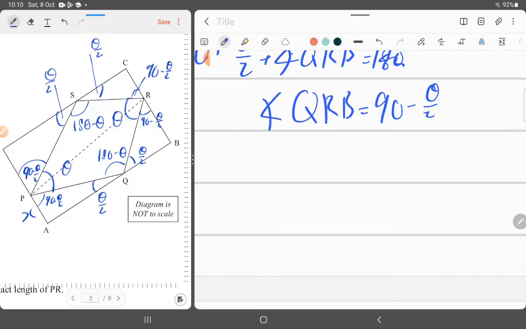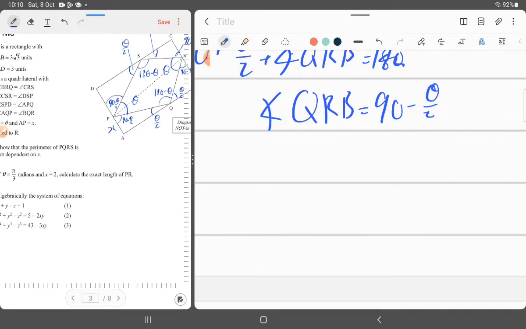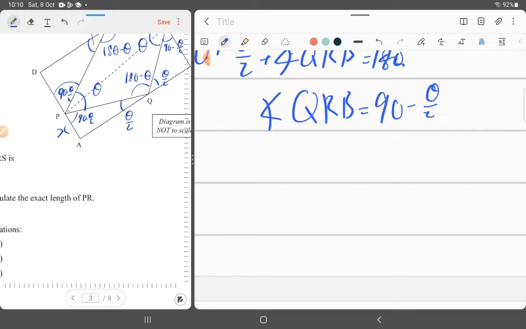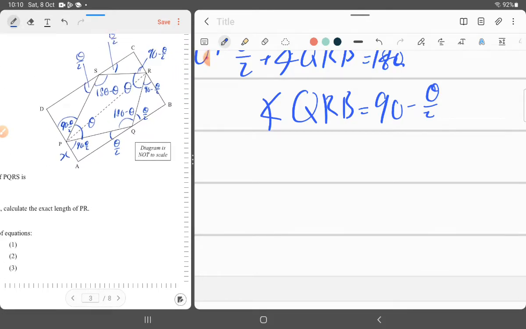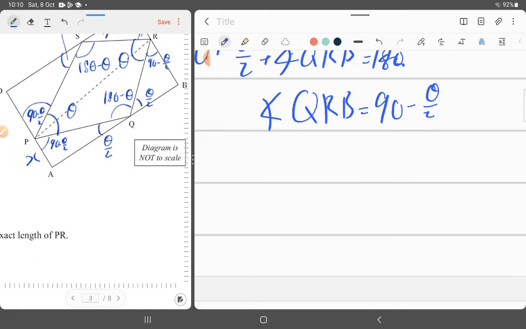So, right, the question is, show that the perimeter of PQR is... so, this is theta over 2. Sine theta over 2 is equal to opposite over hypotenuse. So x over PQ.